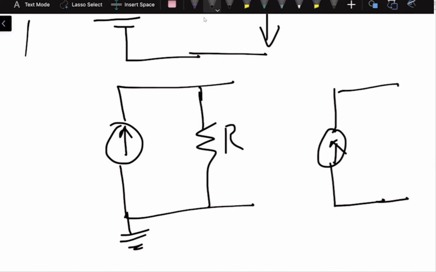Therefore, the ideal current source is taken as a current source which has a very high parallel resistance. So this is basically the difference between the voltage source and the current source. Are you with me? Yes sir.